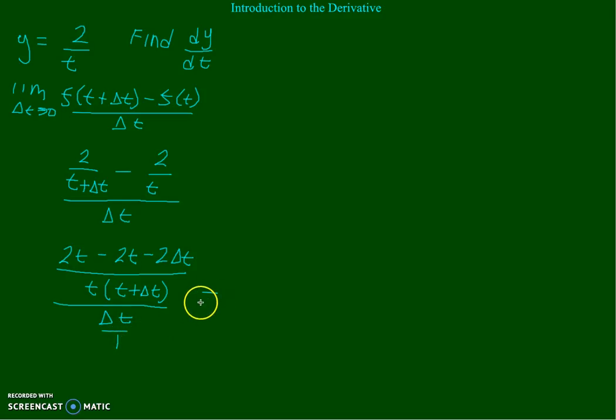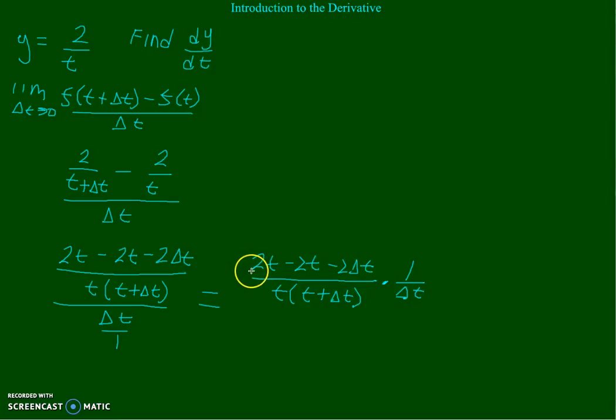So this whole thing is equivalent to 2t minus 2t minus 2 delta t all over t times t plus delta t, times 1 over delta t, which brings the delta t in line with this term here.